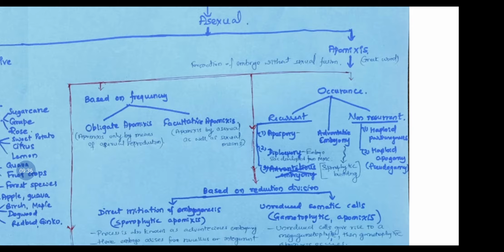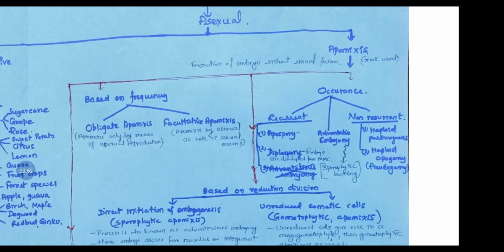Because of that, apomixis is the famous process where sexual fusion or undergoing meiosis can be prohibited at the initial stage. So what will happen here? Here the embryo forms without sexual fusion.